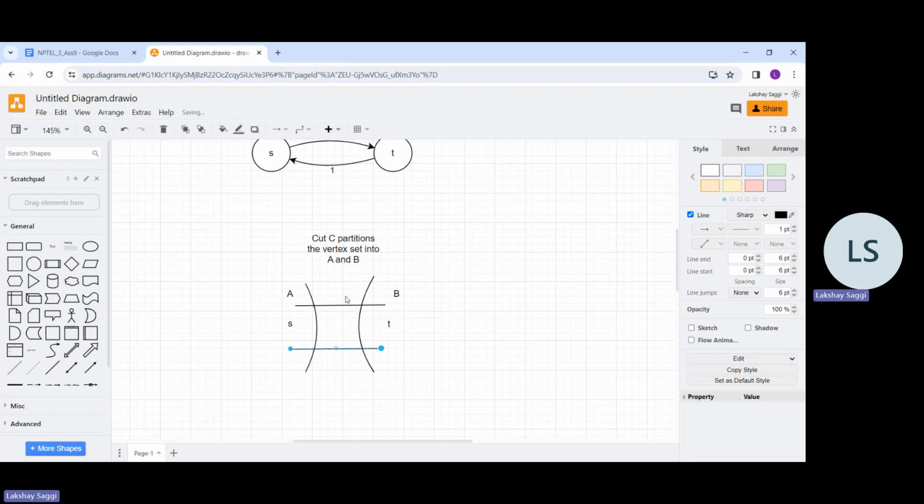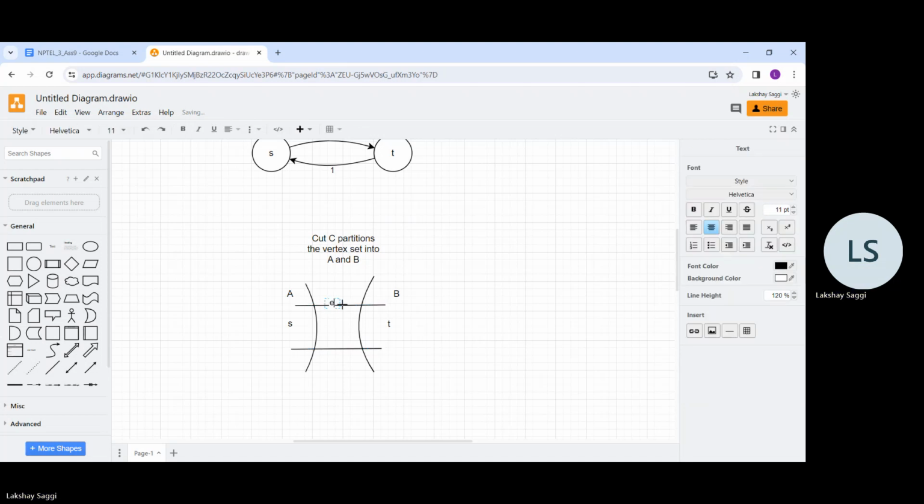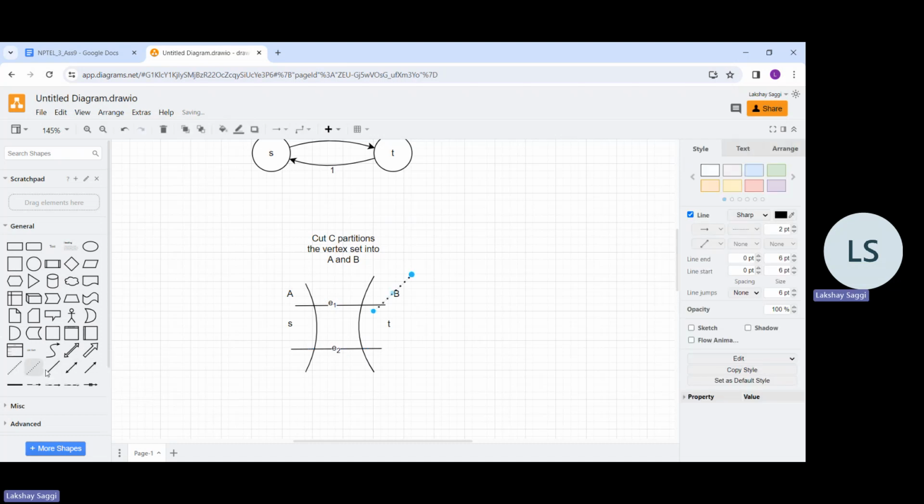So this edge, let's say, is E1, this edge is E2, and there can be multiple such edges going from here to here.